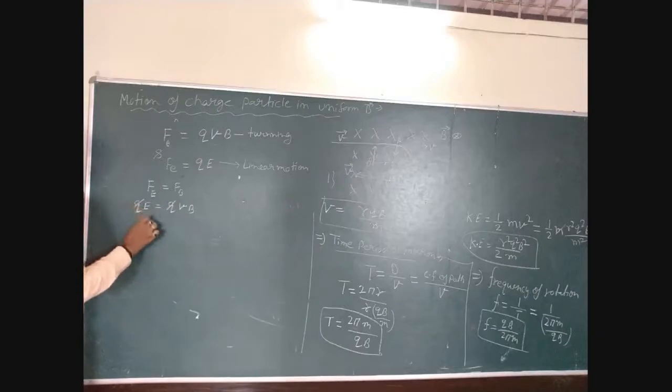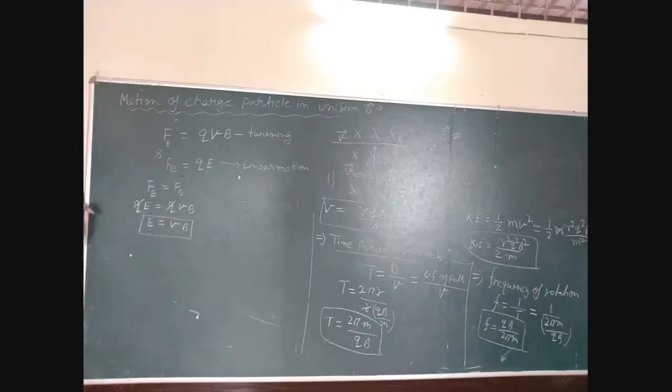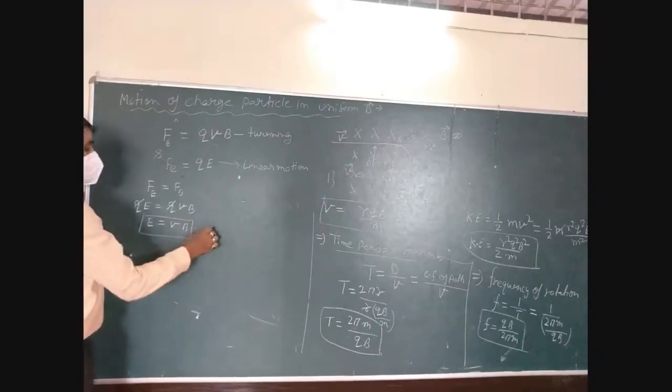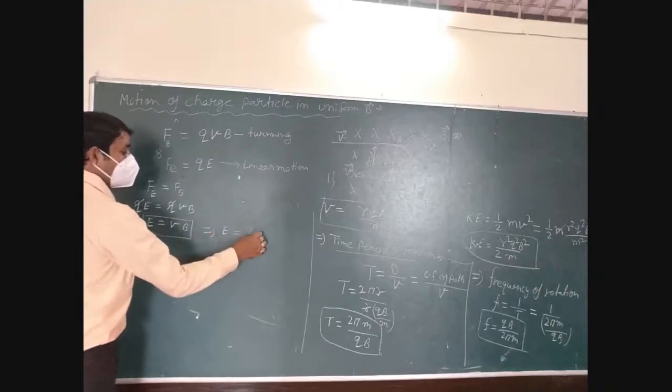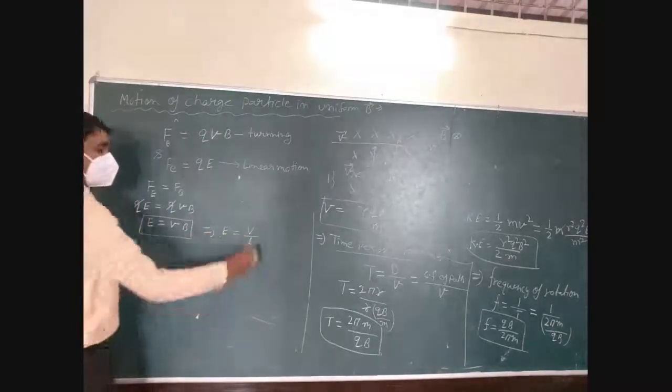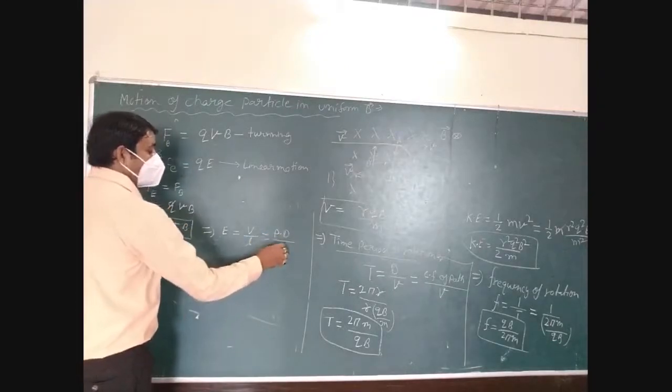This q cancels and we get the electric field equal to vB. And the electric field is also given by V upon L, where V is the potential difference and L is the distance.